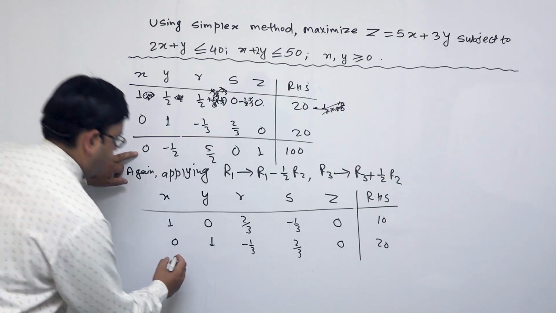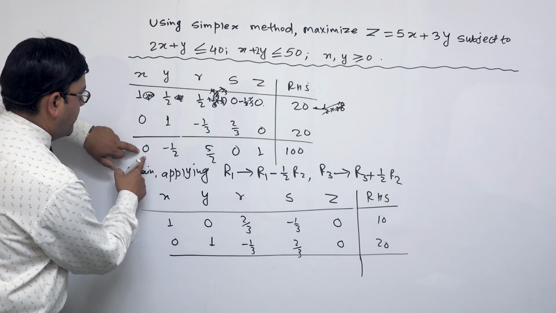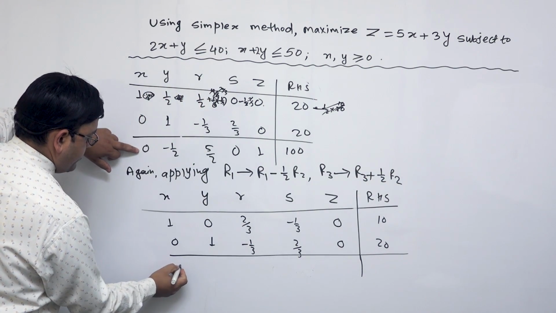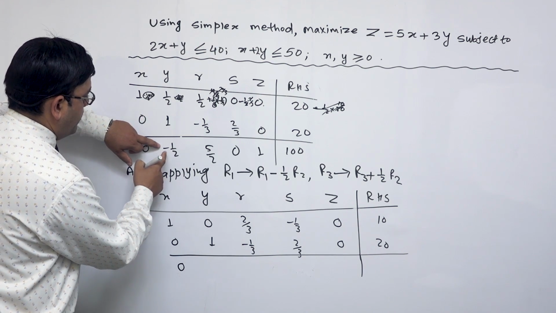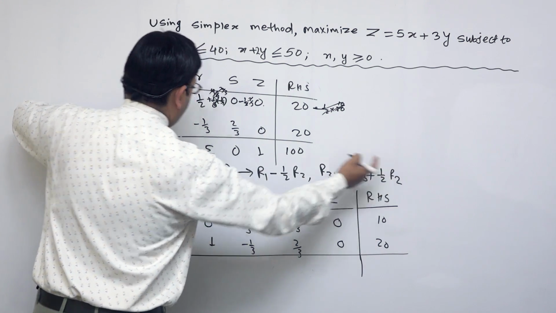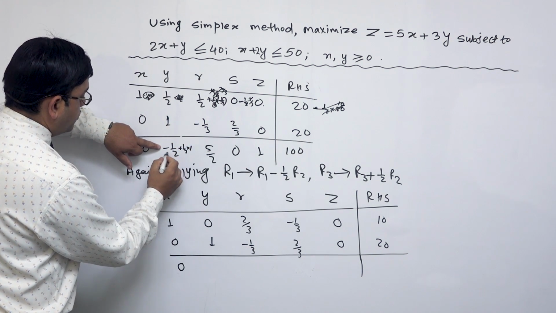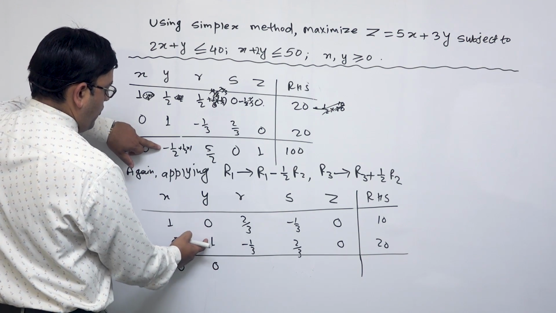Now third one. We have here this 0, 0 plus 1 by 2 of R2 is 0. 0 plus 0 is 0. Again, minus 1 by 2. Look carefully. Minus 1 by 2 plus 1 by 2 of R2 is 1. So minus 1 by 2 plus 1 by 2, this is also 0. So we have 0, 1, 0.